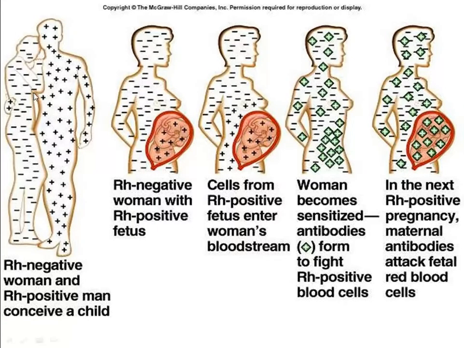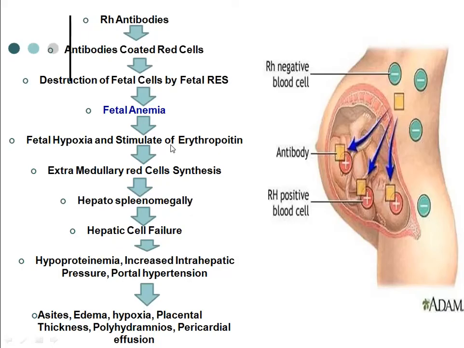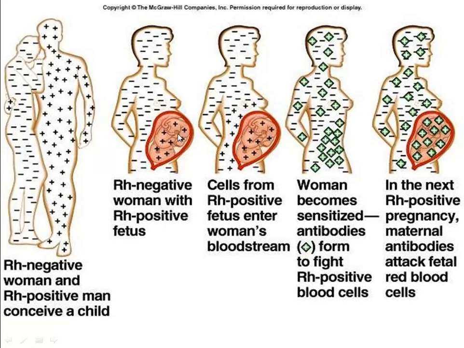See, this is an Rh negative woman, and this is an Rh negative man. So this lady conceives a baby which is Rh positive. She is Rh negative; this is an Rh positive baby.